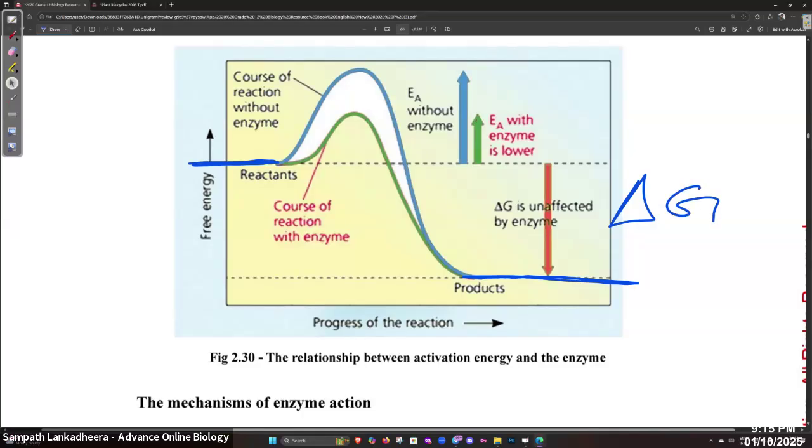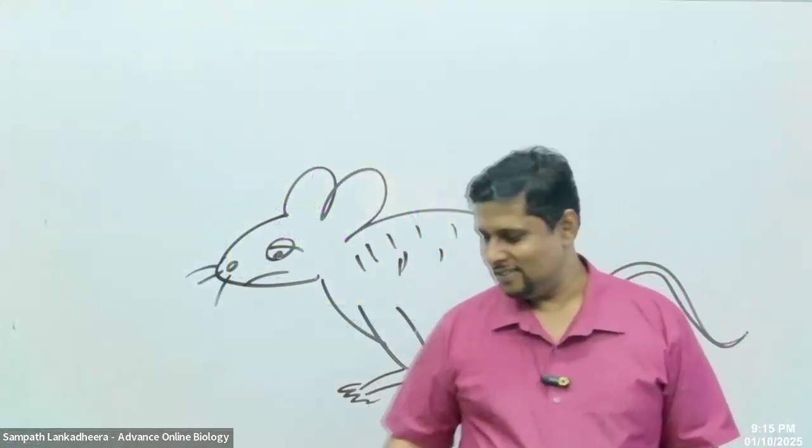This is the course of the reaction without enzyme, and the green one shows the reaction with the enzyme. What is activation energy? The energy required to start a reaction is the activation energy.